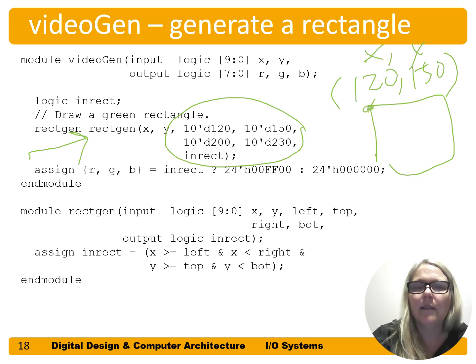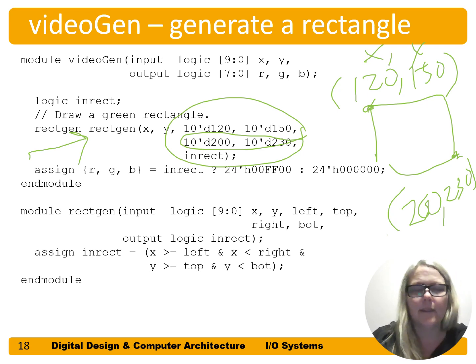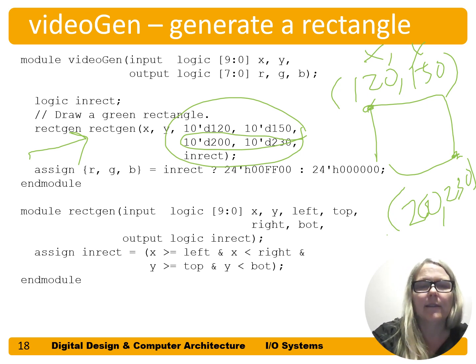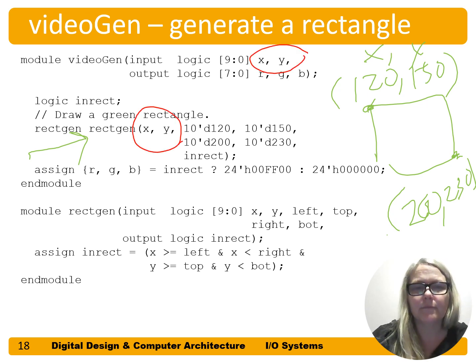And the right bottom, XY again, in XY order, is 200, 230. Right here. So we're feeding those in as well as the current pixel value, the XY value of the current pixel that was fed into this module.